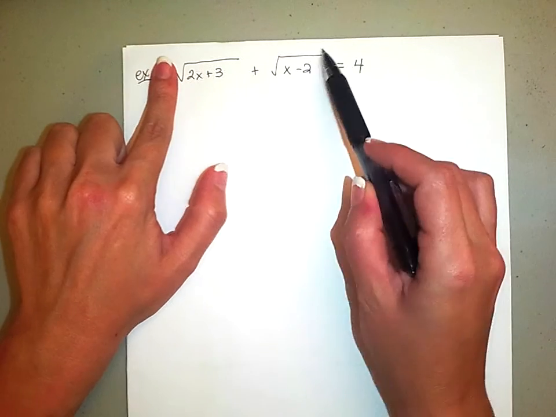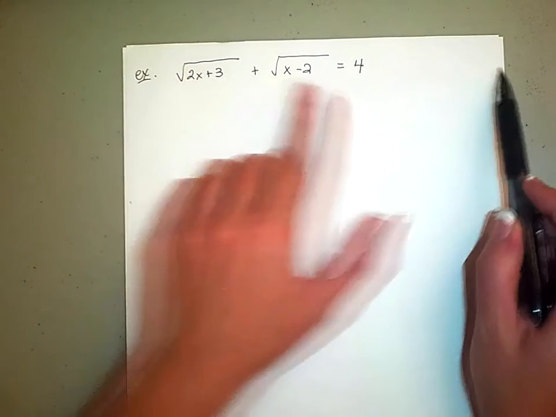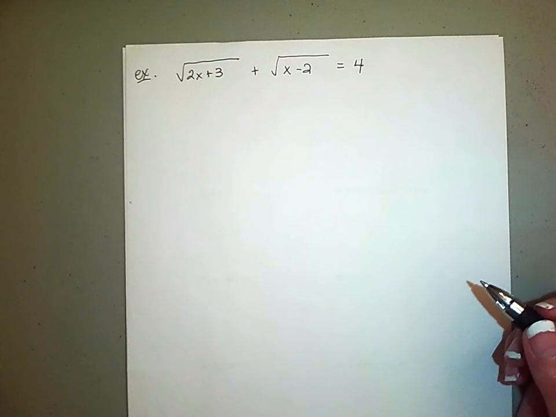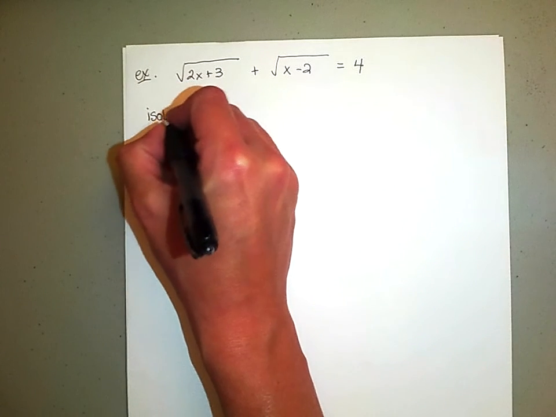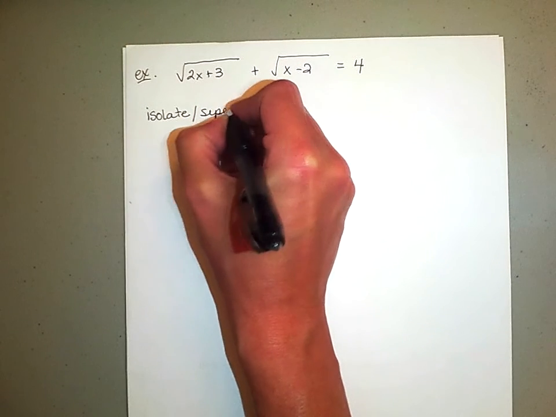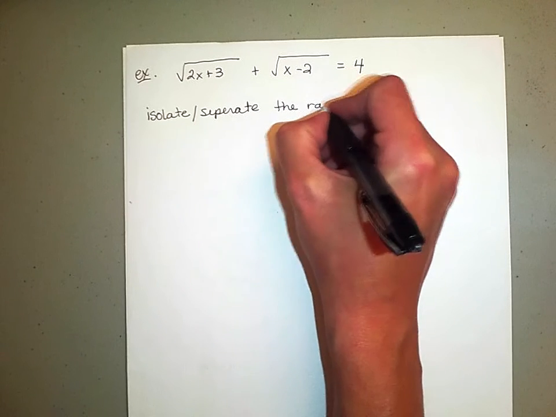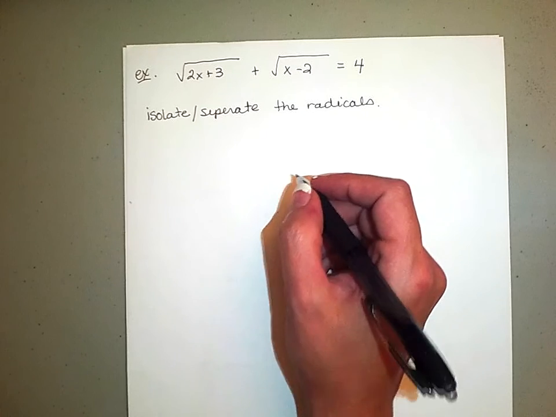However, if I just square this right now, I would have to FOIL this times itself. This is going to become very messy. So in this case, with two radicals, I would isolate or separate the radicals. It will make it easier for us.